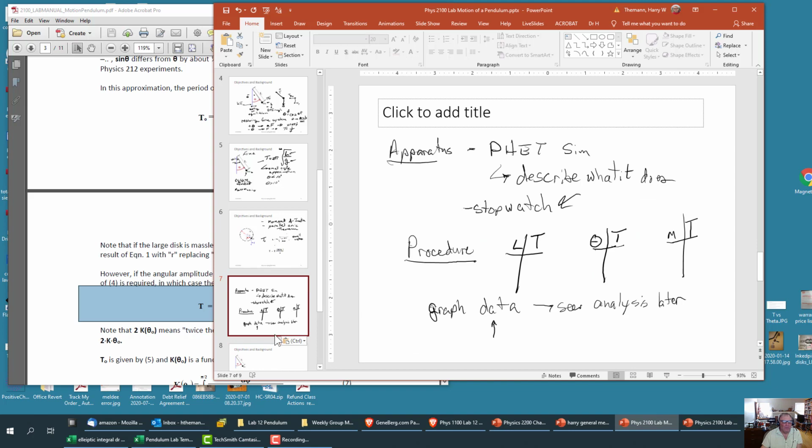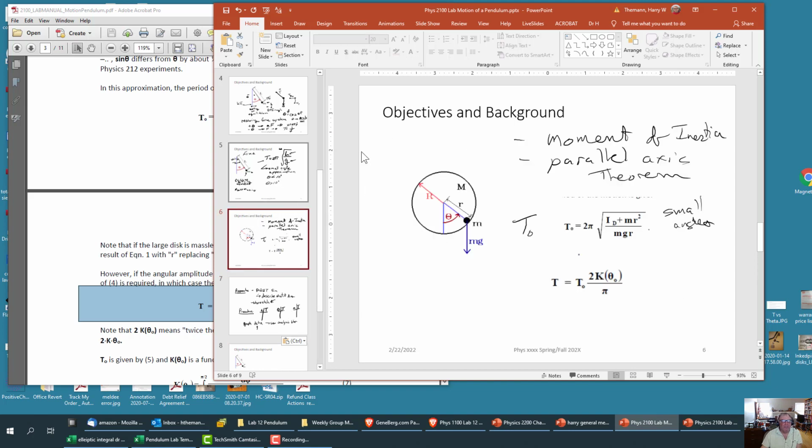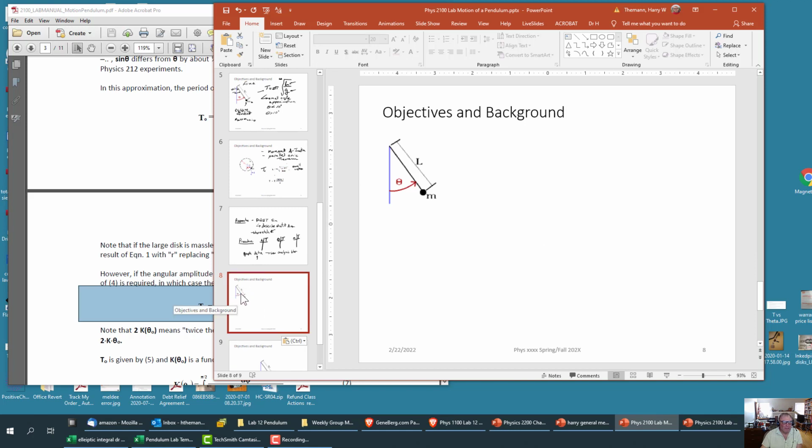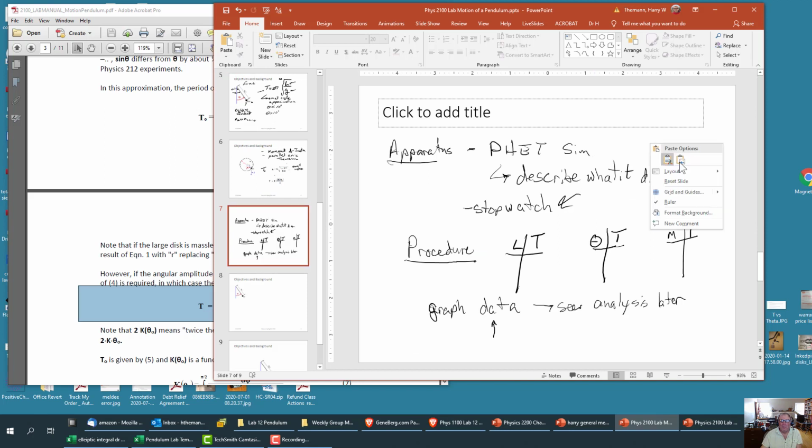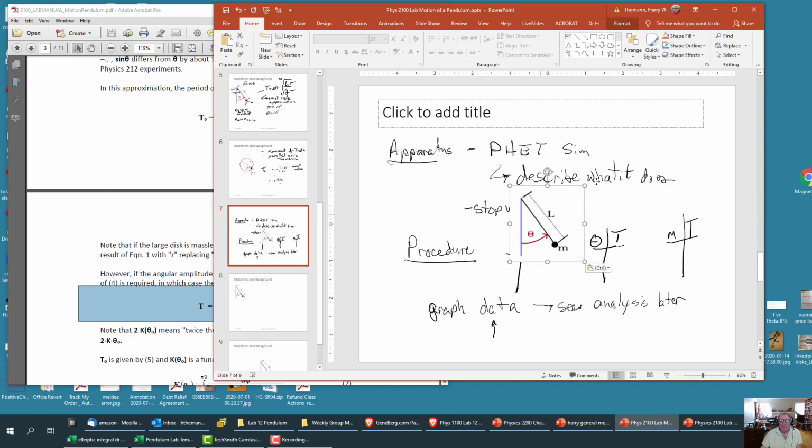And so, yeah, PhET sim, but we're not doing a PhET sim. We're going to be using a real one, amazingly. Copy, and where did it go? Oh, there it is. And I'll paste that in just so it's there.